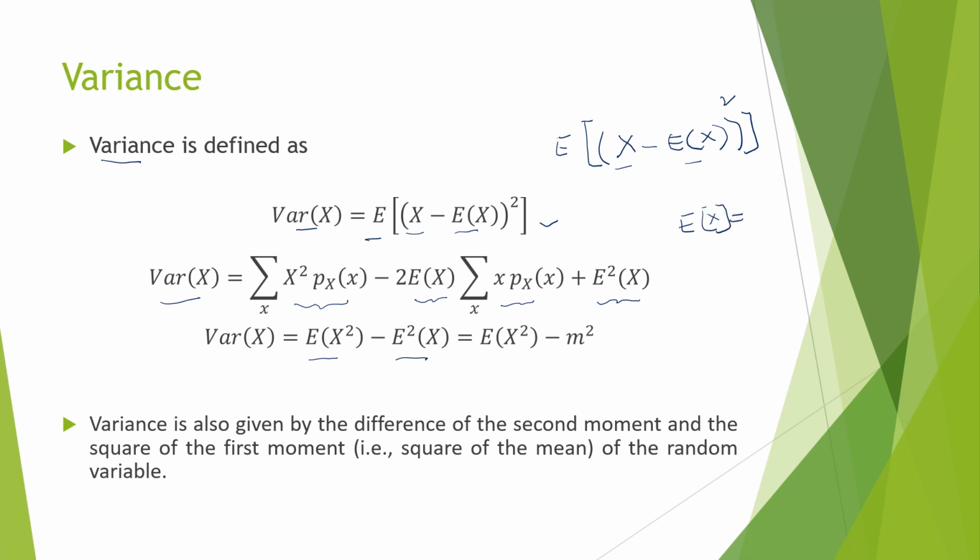If I indicate this with mu x, or even m for simplicity, small m, then we can write E[x square] minus m square. That is, variance is given by the expected value of the square of x minus the square of its mean. It means it is the difference of the second moment minus the square of the first moment. This equation helps us to calculate variance in easy terms. So it is given by the second moment minus the square of the first moment.